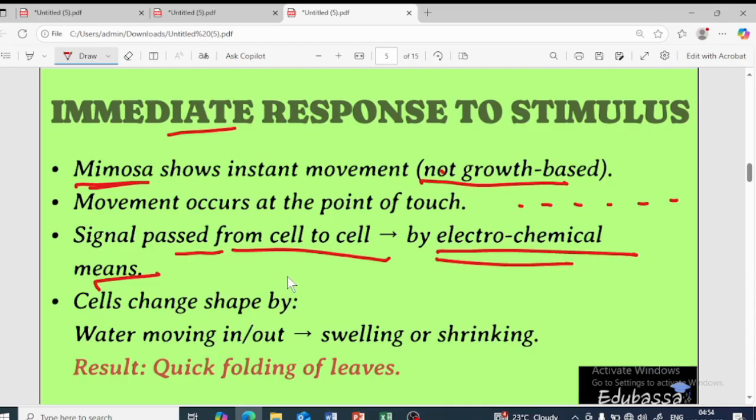So how does it change the shape of the leaves so that they bend? When you touch, the plant cells are very sensitive. The water present in the cells moves out, which results in shrinking. After some time, the water gets back in and results in swelling. This results in the quick folding of the leaves.